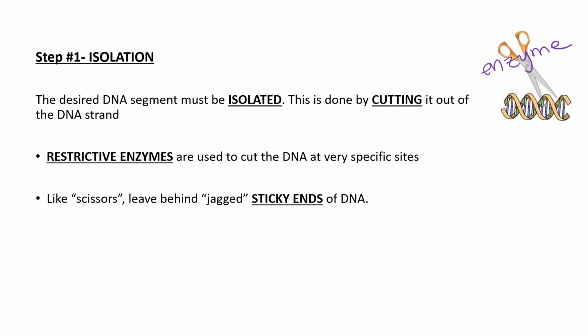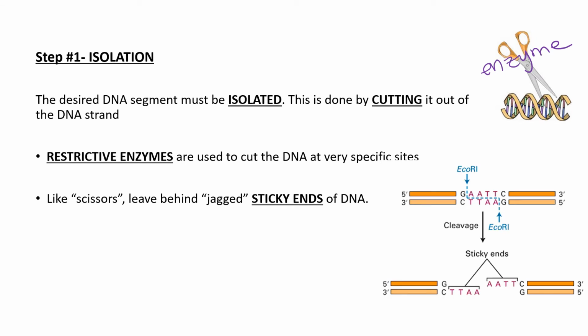And just like scissors leave behind jagged edges on paper or whatever, it's not perfectly smooth. You end up with these jagged, sticky ends of DNA. So this line right here, this is where you would cut. And because it's cutting between the strands, between the complementary bases, you end up with these sticky bases.